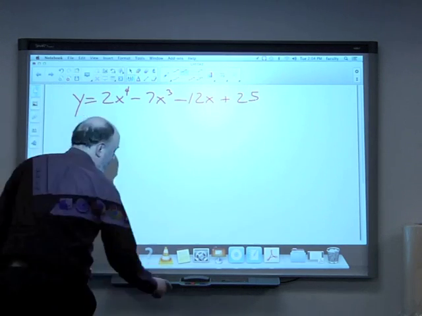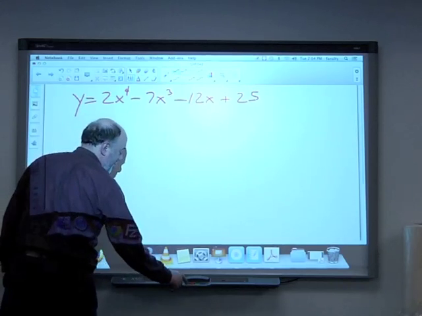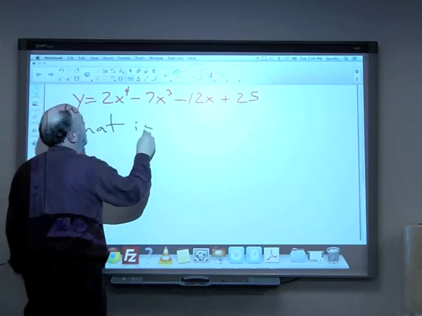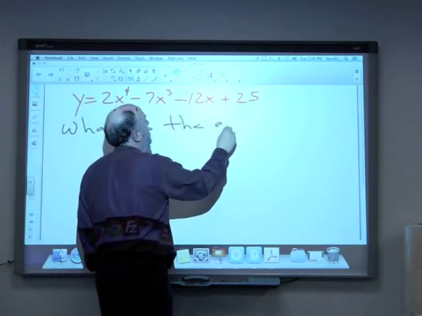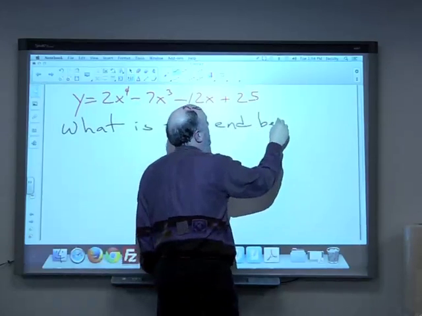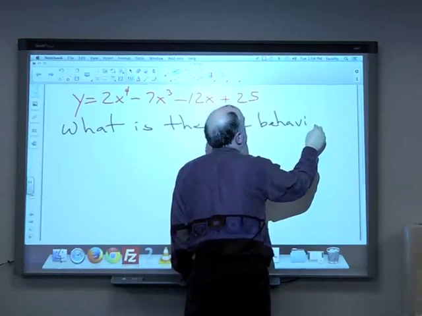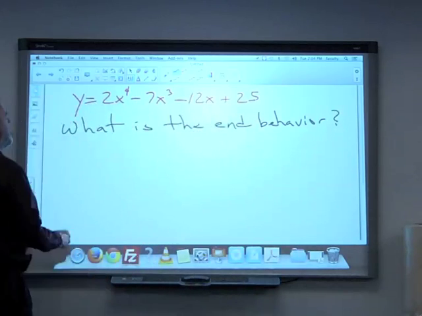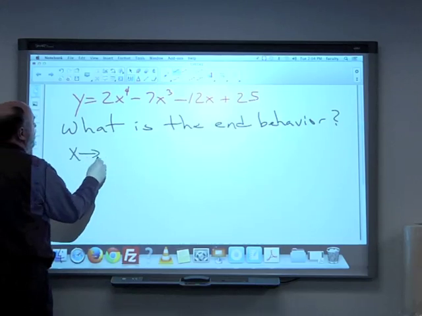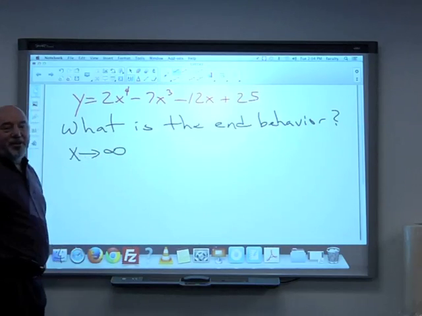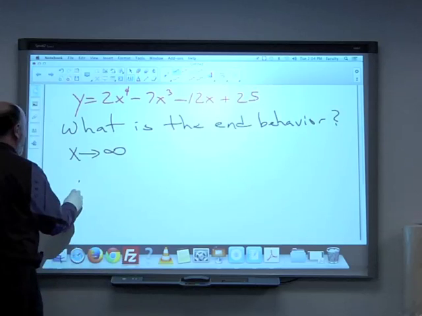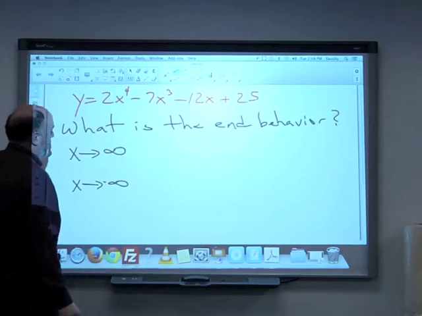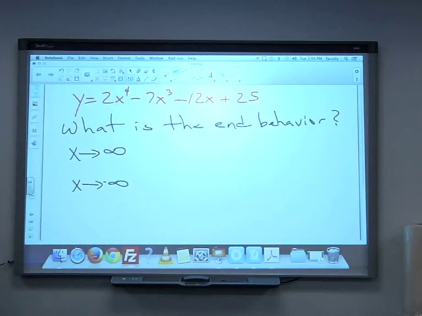So what I want to know is the end behavior. As x goes to infinity, what's going on with my graph? When x goes to negative infinity, what is going on with my graph?